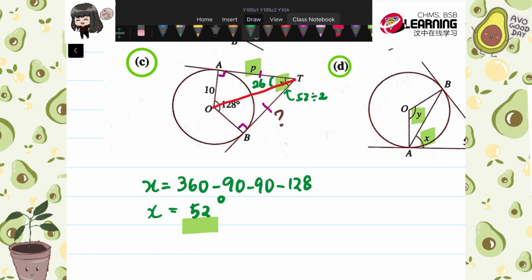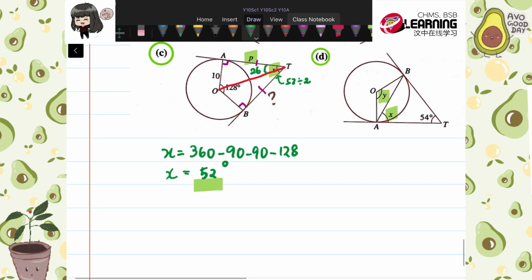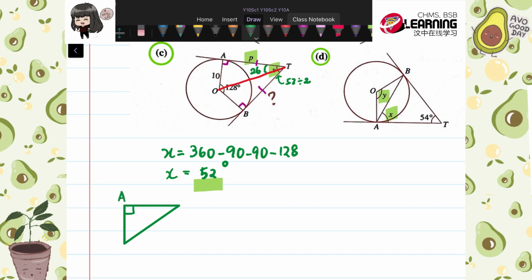This triangle is a right angle triangle. I'm going to draw the triangle here. So this is opposite and adjacent, you are finding p, this angle is 26 and this is 10.